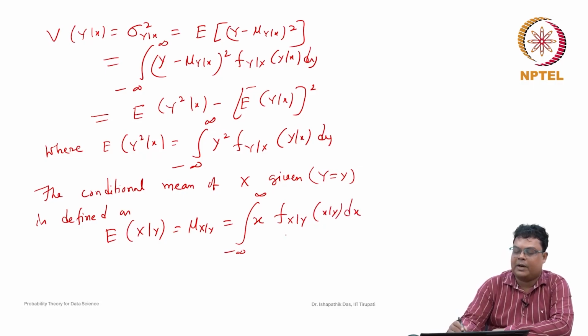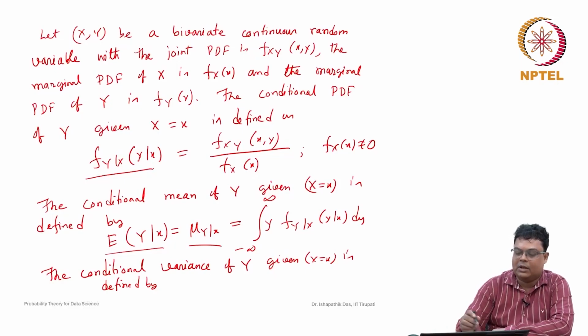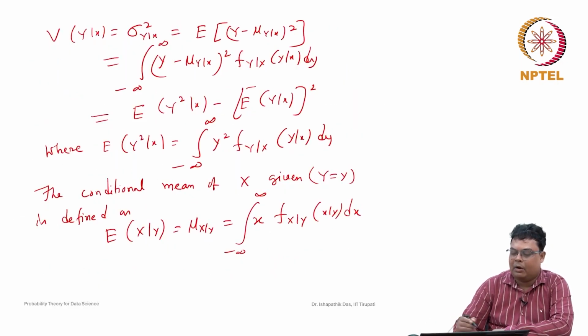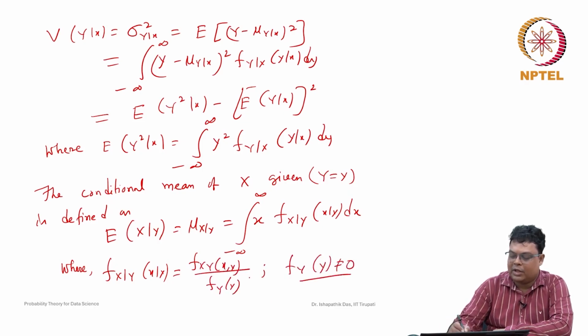Similarly, the conditional probability density function of x given y is nothing but the joint probability density function divided by the marginal of y, where the marginal of y should be not equal to 0, otherwise it will be undefined.